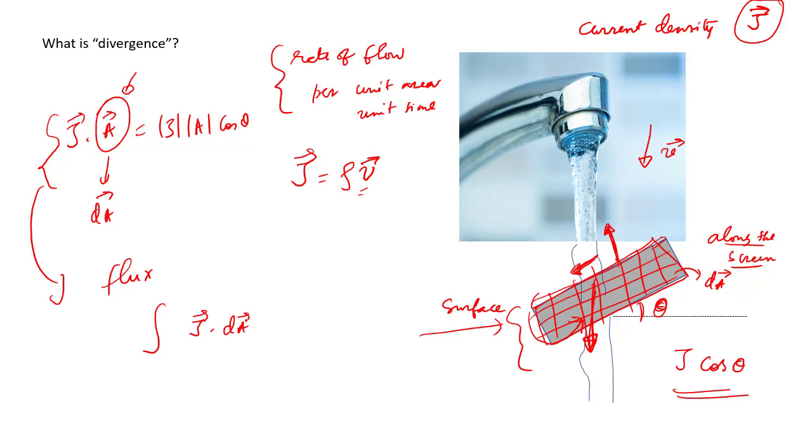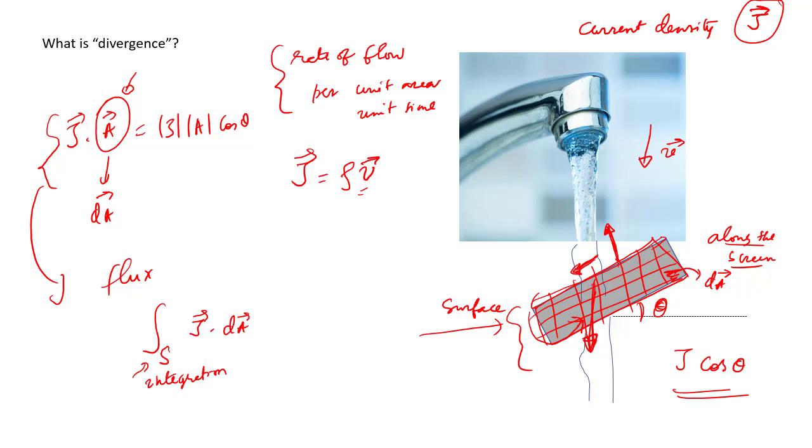Through integration, we're taking flux through each element and adding them up. And that's how we get this surface integral, where we're adding up flux from each and every tiny areal element.